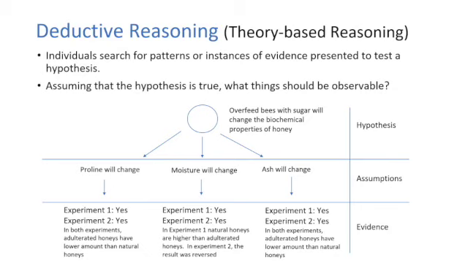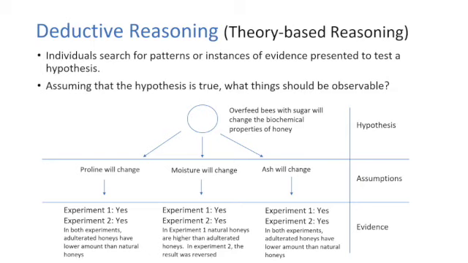For the moist, in experiment 1, natural honeys are higher than adulterated honey. However, in experiment 2, the result was reversed. As for ash, in both experiments, adulterated honey has lower amounts than natural honeys. At the end, we can make a conclusion that yes, overfeeding bees with sugar can cause change of biochemical property of honey.